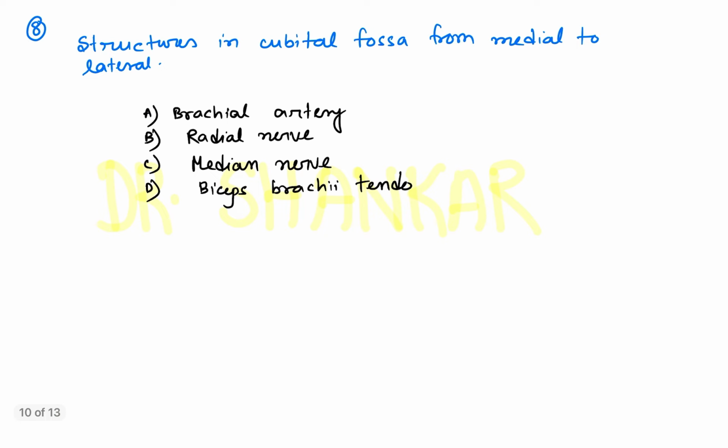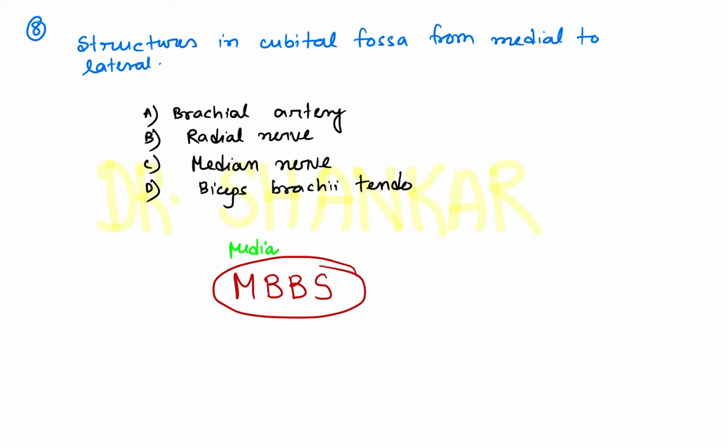Coming to question number 8, what are the structures in the cubital fossa from medial to lateral? As you know the very popular mnemonic MBBS. M stands for median nerve. So first, medial to lateral is MBBS.